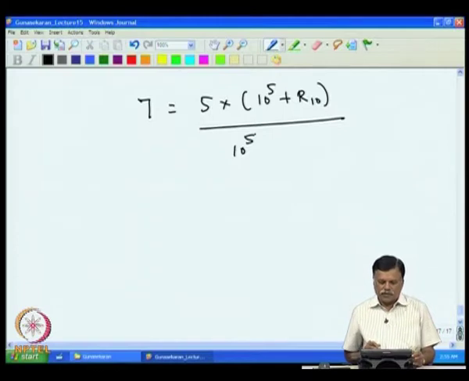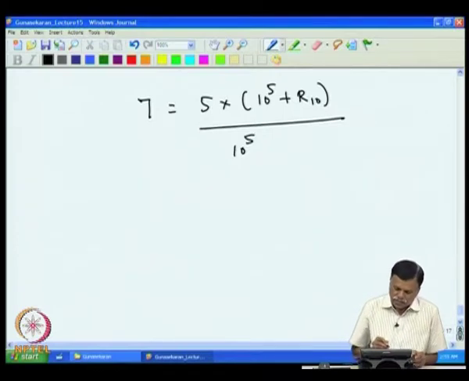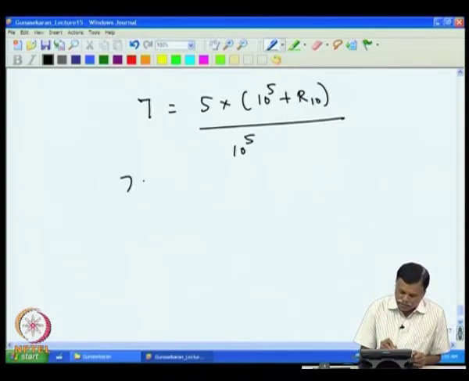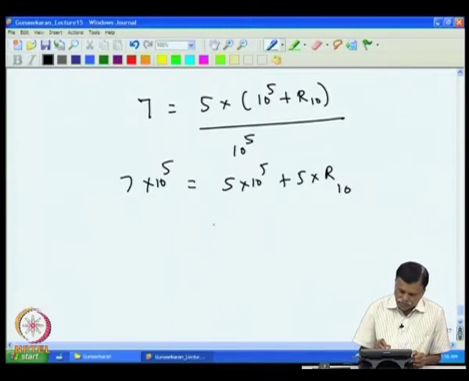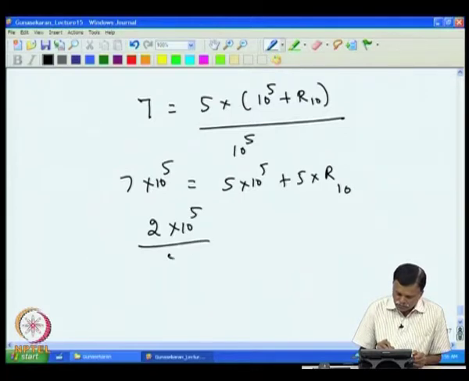We have to find out R10 now. So, 7 into 10 power 5 becomes 5 into 10 power 5 plus 5 into R10. Subtracting, 2 into 10 power 5 divided by 5 will become R10.